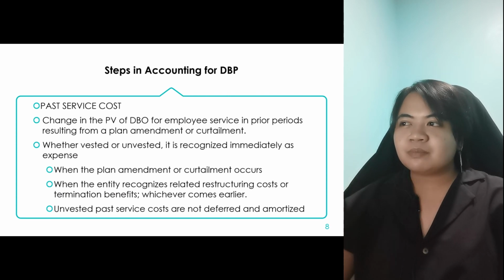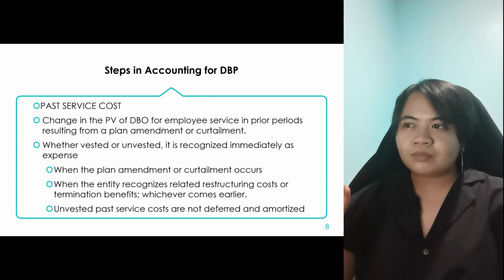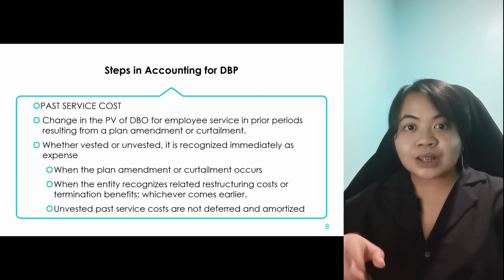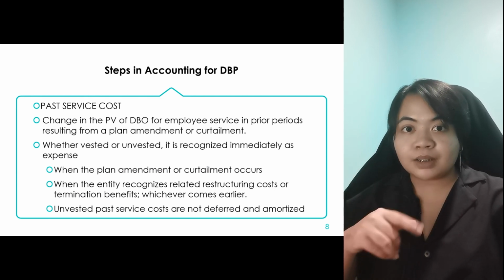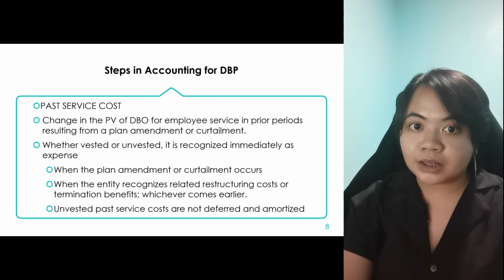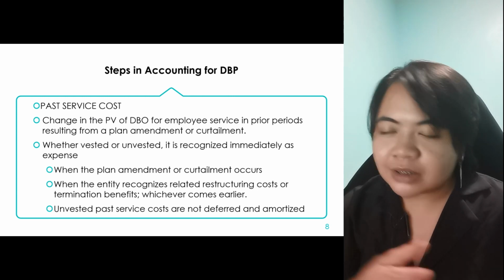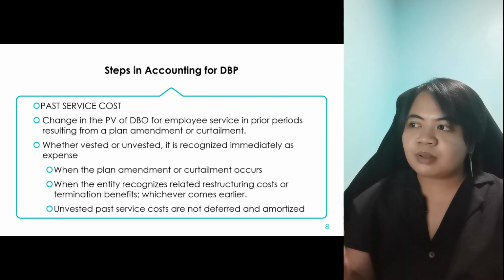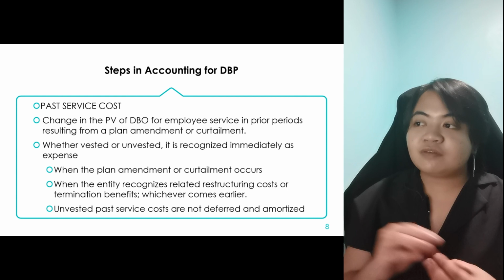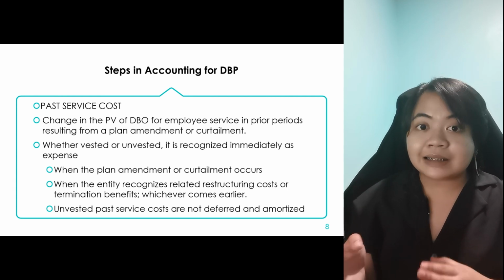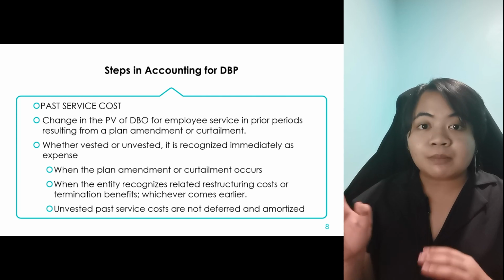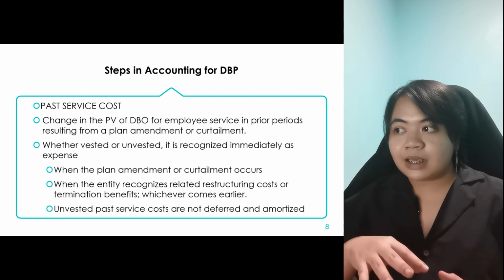Yung past service cost naman po, nagbago yung present value of DBO mo in prior periods because nagkaroon po ng tinatawag na plan amendment or curtailment. Okay? So, bago tayo pumunta sa ibig sabihin ng plan amendment or curtailment, you have to remember whether vested or unvested, ito po ay expense agad-agad kung ito po ay nagkaroon po ng plan amendment and curtailment.